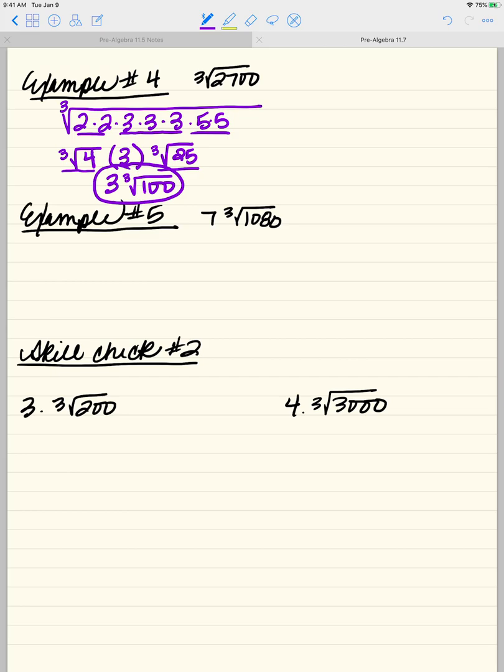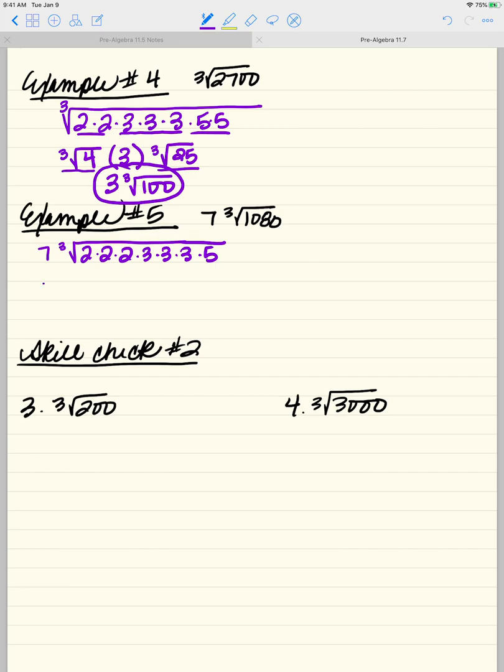Example number 5, what is 7 times the cube root of 1080? Prime factor 1080, I am not going to do that right now. When you factor tree that guy out, 1080 is 2 cubed times 3 cubed times a 5, okay?